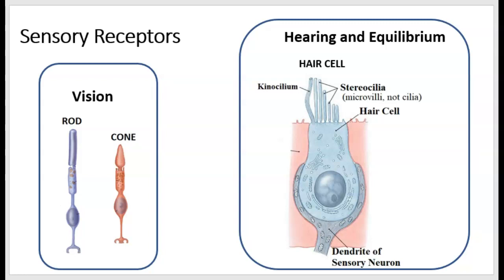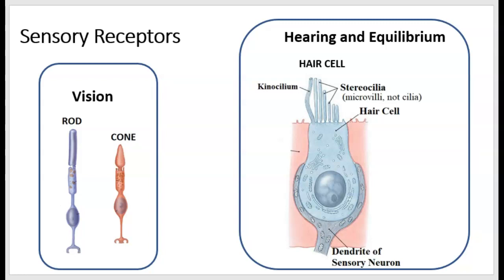Also notice that the hair cell is in close contact with a neuron, labeled on the bottom of the diagram. When the hair cell becomes activated by a sound, it releases a neurotransmitter, and that neurotransmitter excites the sensory neuron.